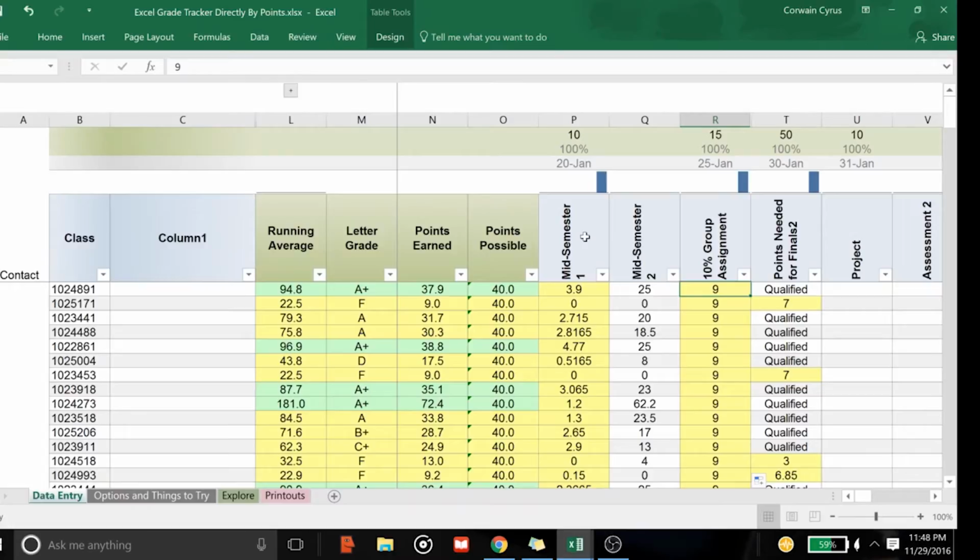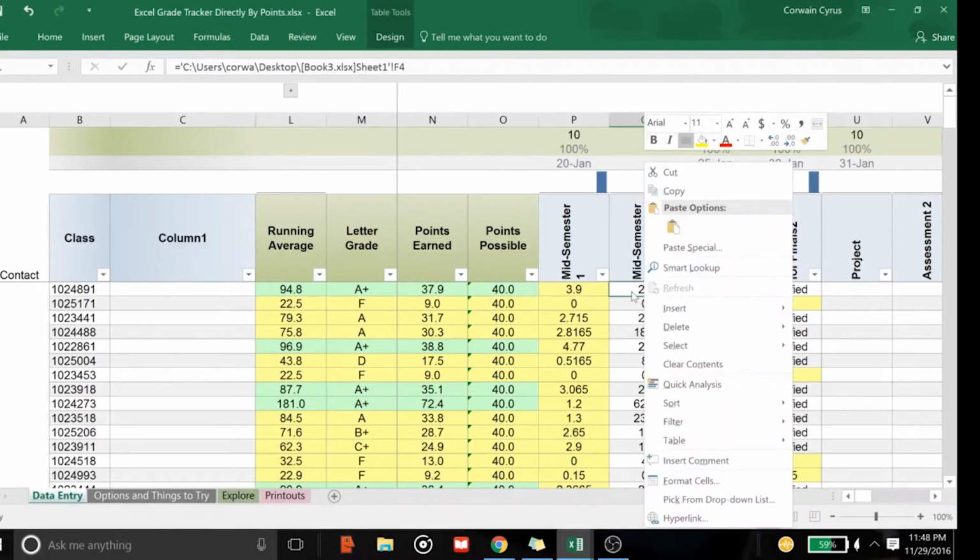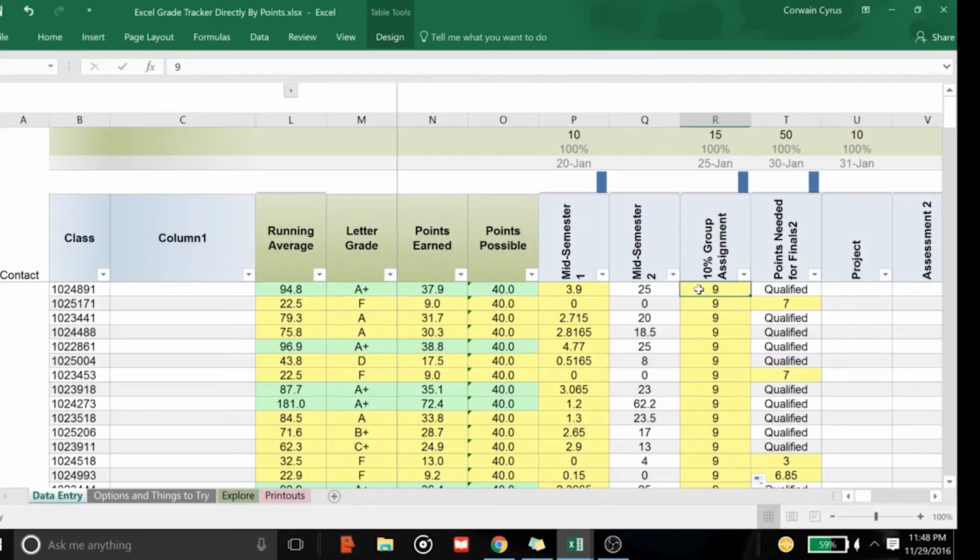You failing means that if I add the mid semester two grades plus 9 from the group assignment, you still did not get 60%. 60% gives you a D. The 9 that you would get from the assignment means that you only have to work for 7%.